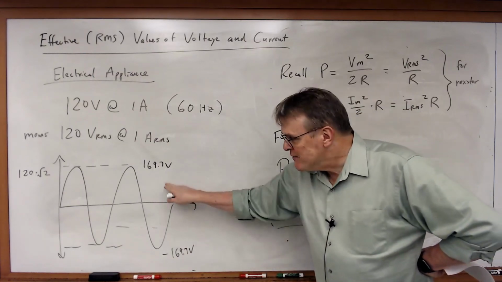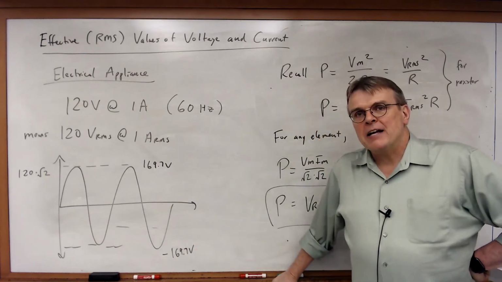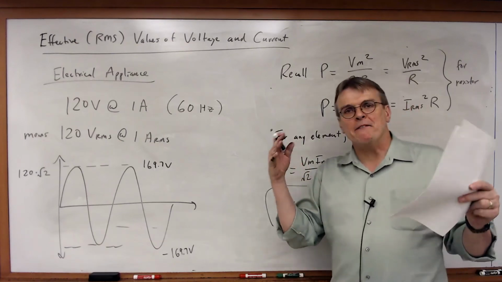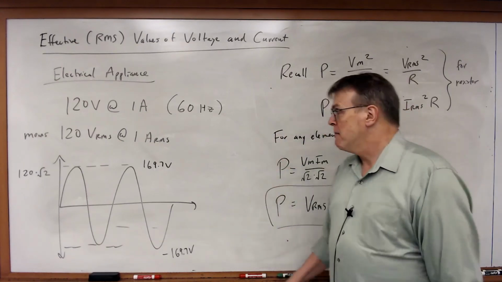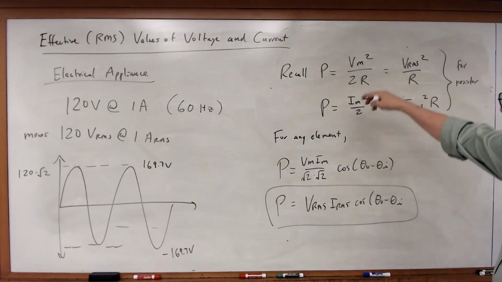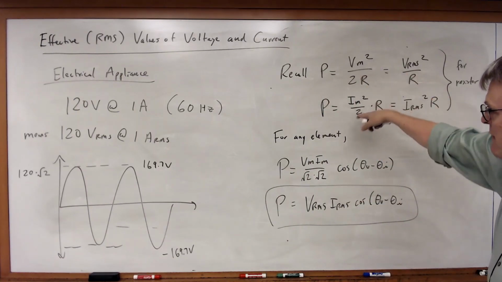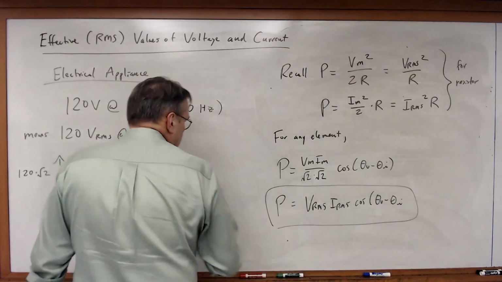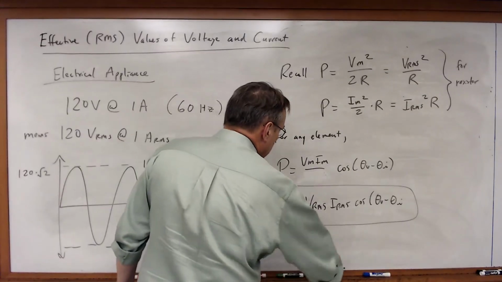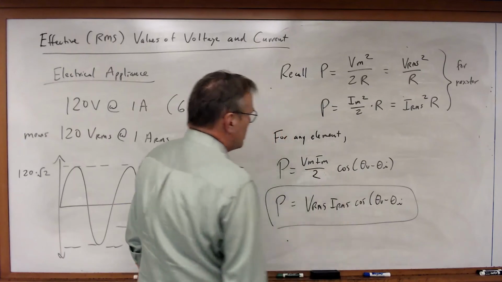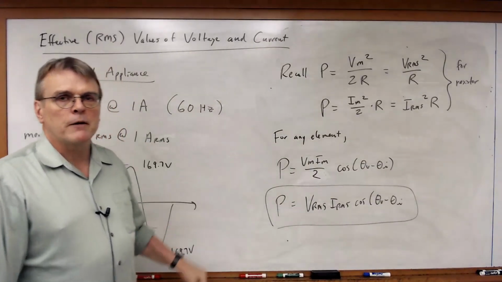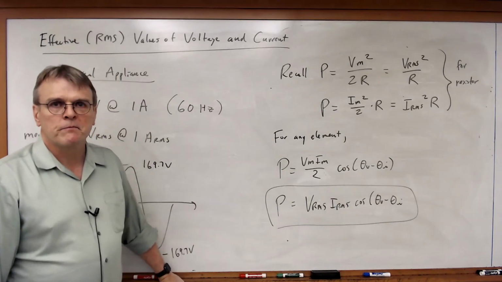So effectively, this sinusoid acts like 120 volts DC. And that's what we mean by effective values. By using these effective values, we very nicely get rid of these 1/2 multiplier terms. We're going to see that makes some of our other power calculations a lot easier too, because now the DC and the AC power calculations look the same.